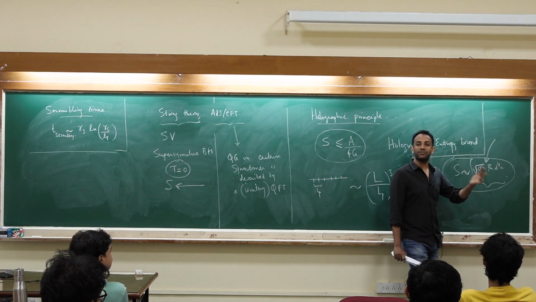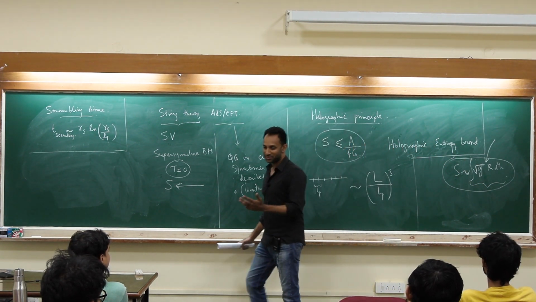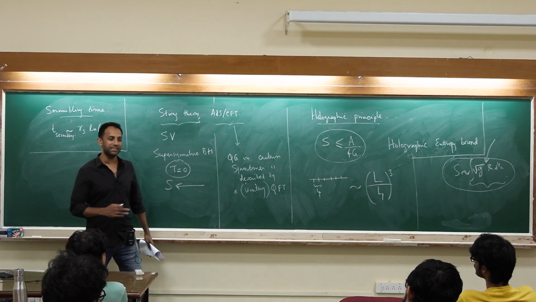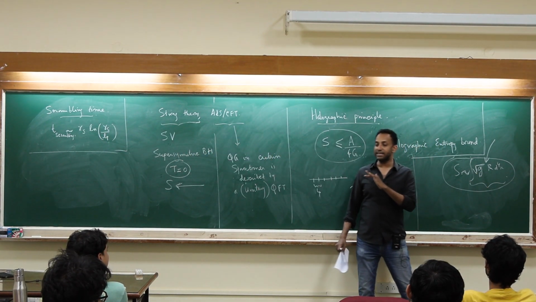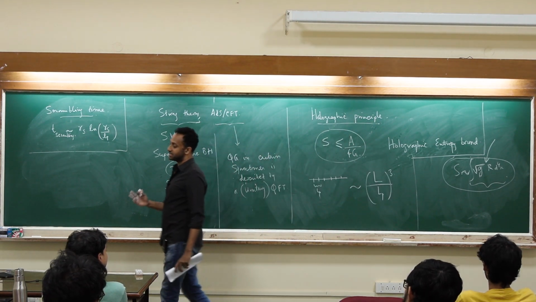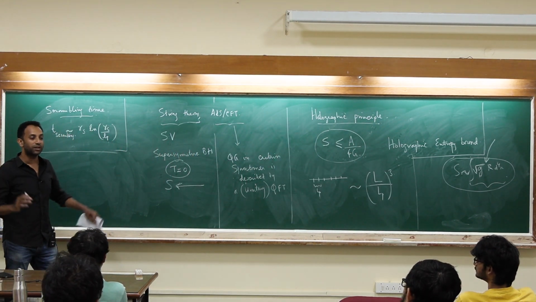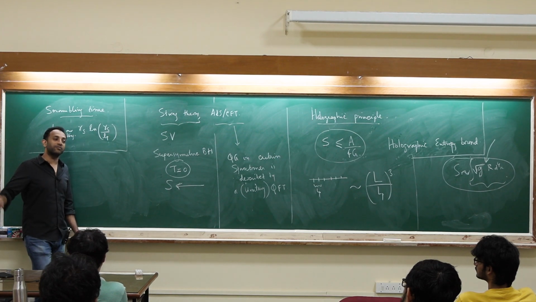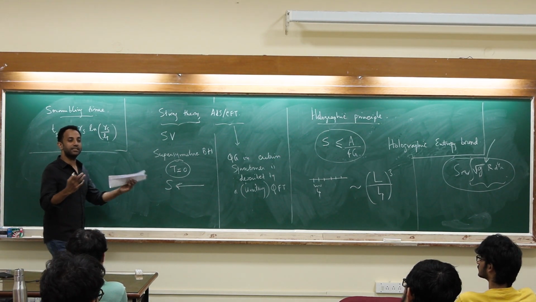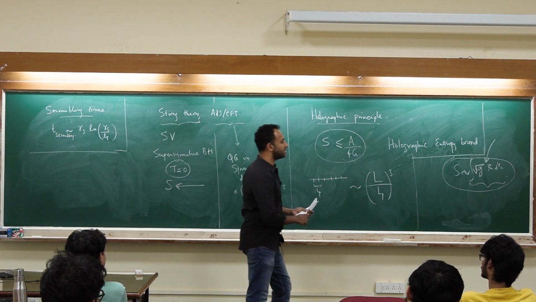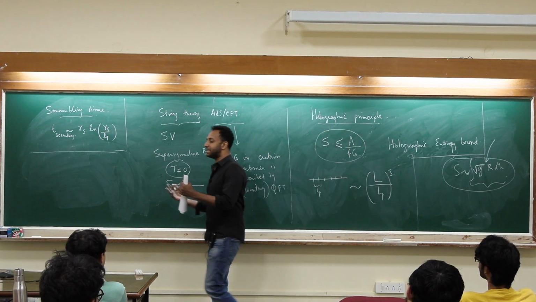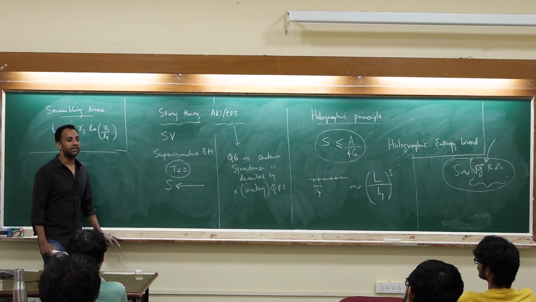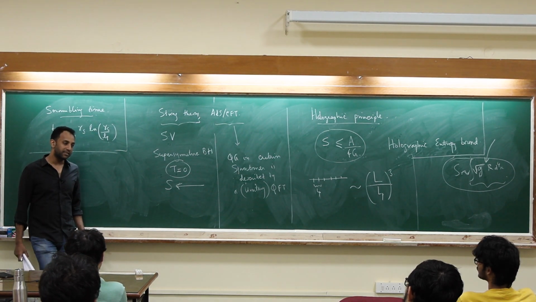But that's what people tried for many years, including 't Hooft. 't Hooft is one of the first people, not the first maybe, but one of the first people to really try to write down gravity as a fluctuation around Minkowski space and then try to quantize the fluctuations. So that's one thing that people tried for a very long time. And in fact, in some sense, the culmination of that is what loop quantum gravity is. So loop quantum gravity takes basically bulk degrees of freedom, and then it tries to quantize it.